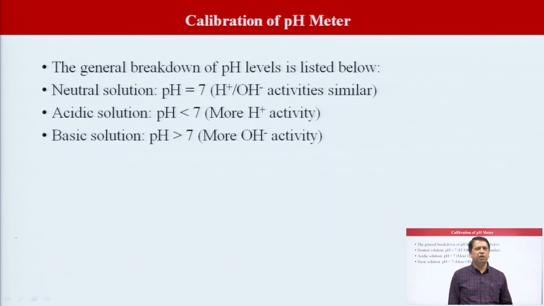And if the pH of any solution is above 7, that means there is less hydrogen ion activity and more hydroxyl ion activity, and that is why its pH is above 7, or in simple words, the solution is alkaline in nature. In the case of an acidic solution, the hydrogen ion activity is more as compared to the hydroxyl ions.